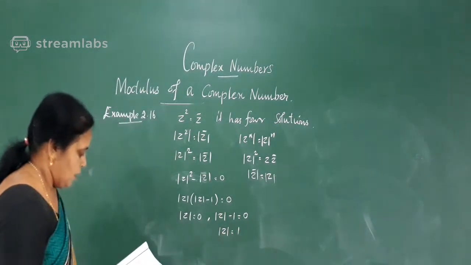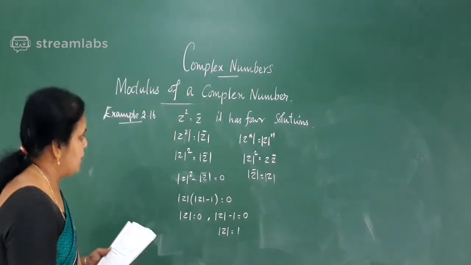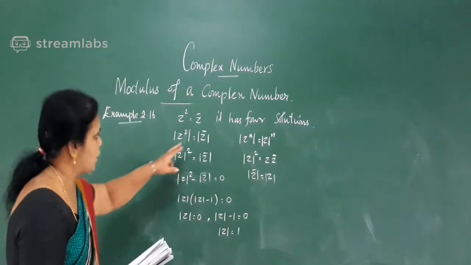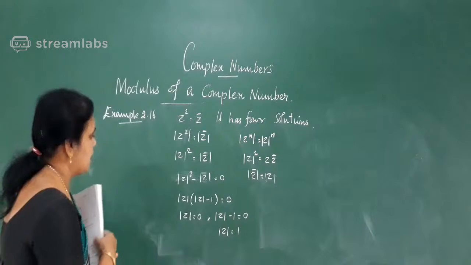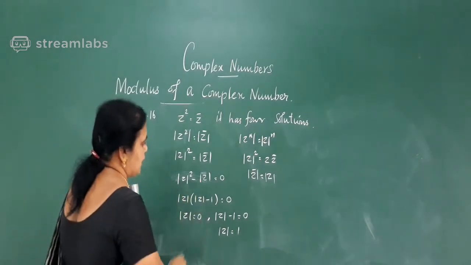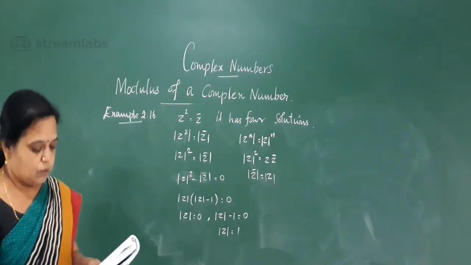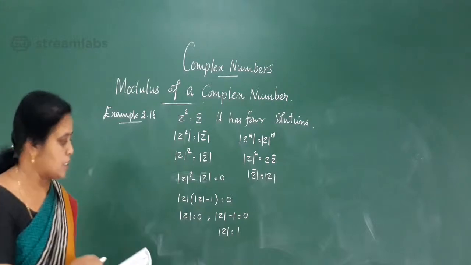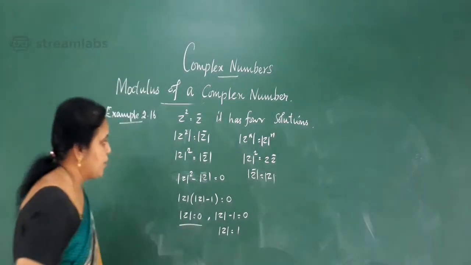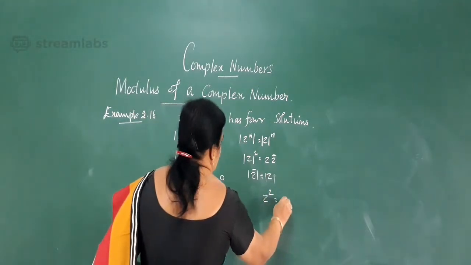Suppose modulus z square is equal to modulus z. You substitute this value. Here we have to get 4 solutions, and here 1 solution we have given. One more thing, z square is equal to z bar.